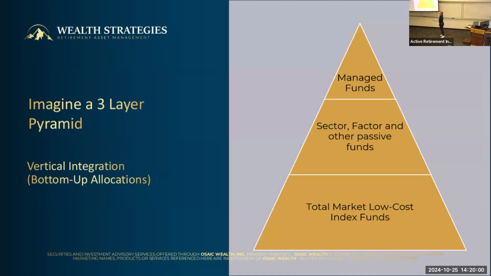And then we move up and we get a little bit more particular sector, factor, other passive funds. That's where we'll pay a little bit more. Maybe even not sometimes. Some of these sector funds can be pretty inexpensive, but they're more concentrated. So a tech fund is going to be more sensitive to particular things than a total market fund is. A utilities fund is going to have a different exposure level.